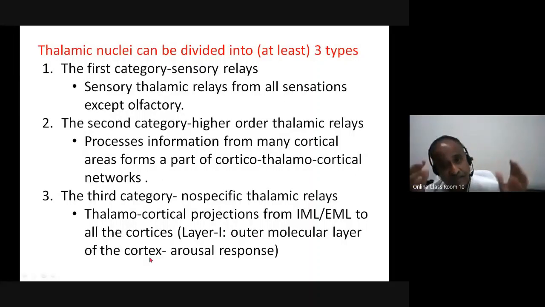The entire cortical mantle and these dendrites are activated, and the thalamo-cortical projections coming from the internal medullary laminae and external medullary laminae are responsible for our arousal response. Suppose these are cut, the arousal response is not there. That means it's a coma. So these are 3 different categories of relays in the thalamus. These are called thalamic nuclei.